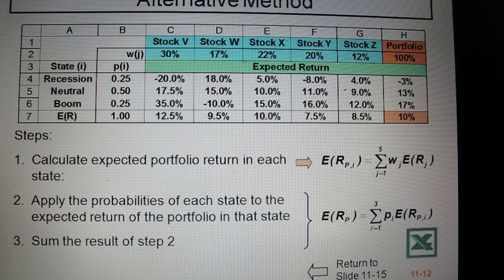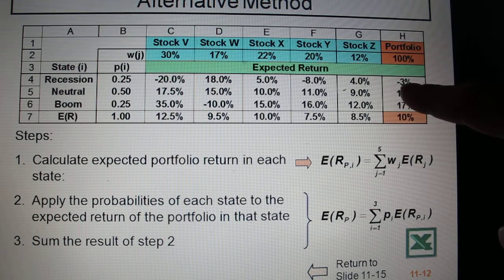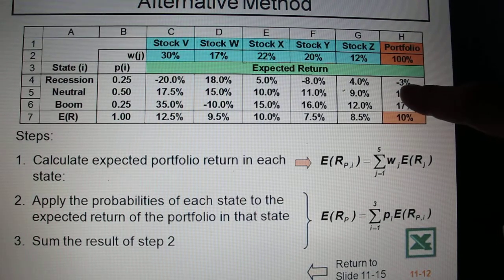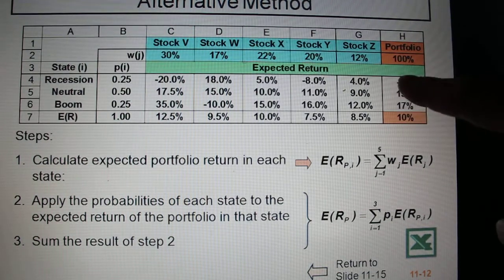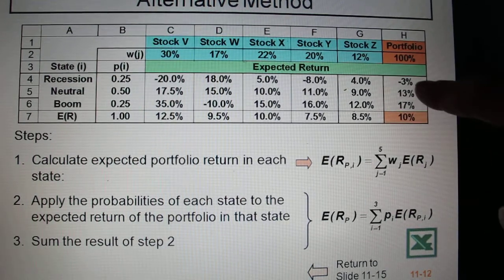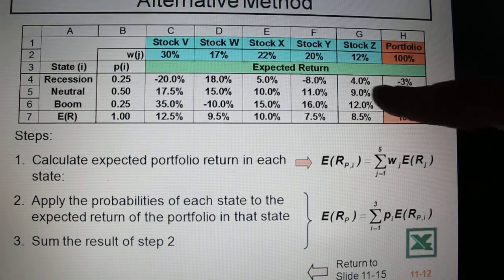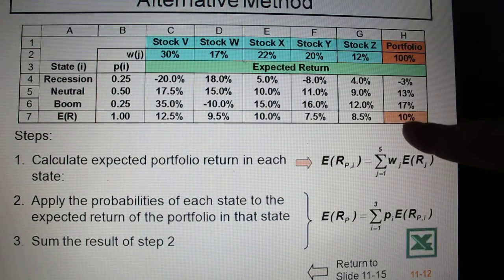So the steps are to calculate the expected portfolio return in each state, which you're going to do first. So you would do that across. So for example, the portfolio return in a recessionary state is 3%. I'm sorry, negative 3%, 13% for neutral, and 17% for boom. These numbers are taking into account the row across that it's correlated with.